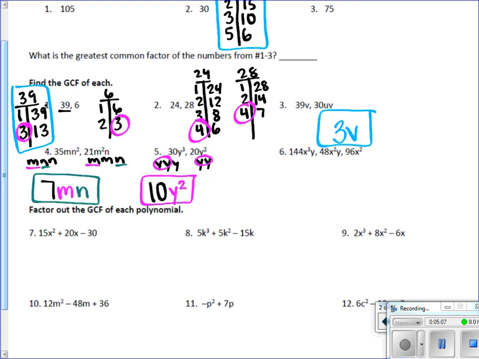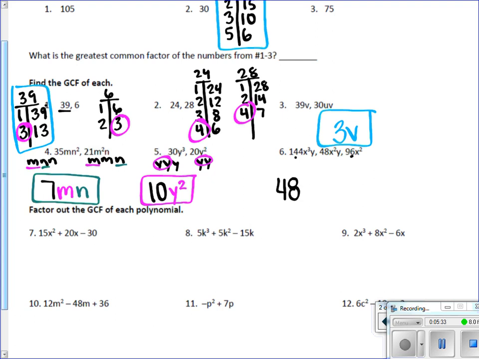Okay? This time raise your hand. What is the greatest common factor of number 6? 12 is not right. 48. 96 is 48 times 2. 144 is 48 times 4. So 48 is our greatest common factor.